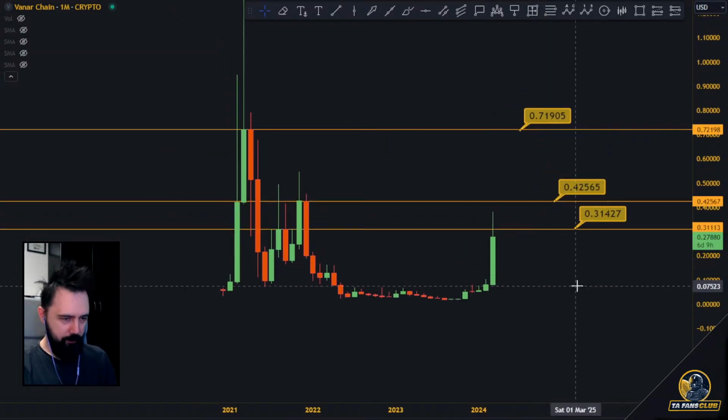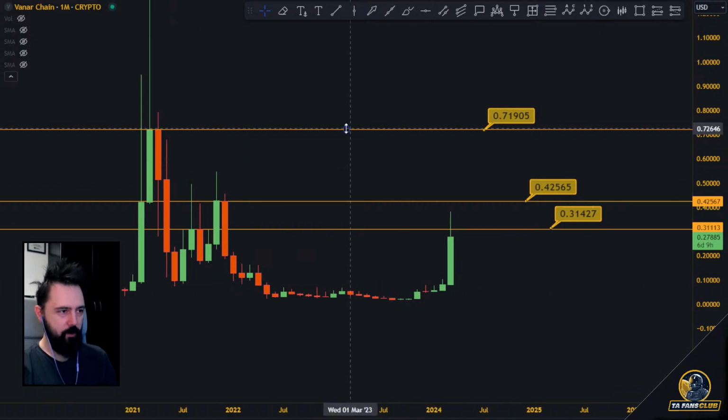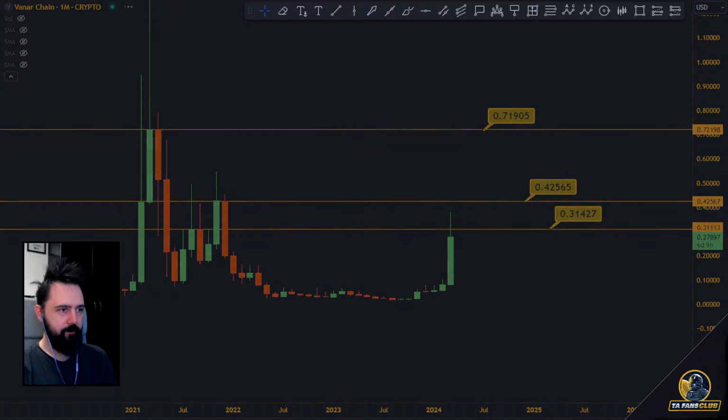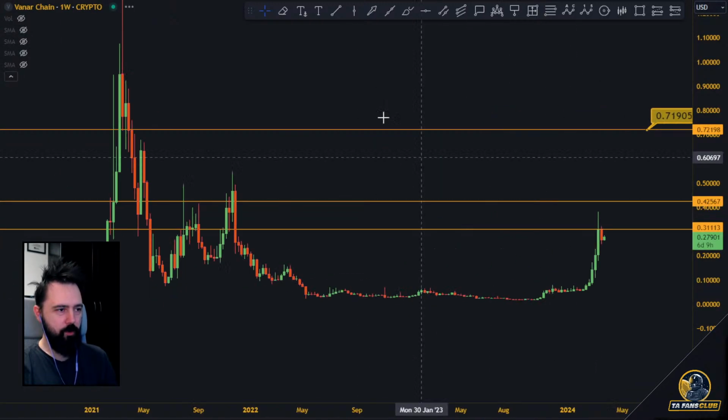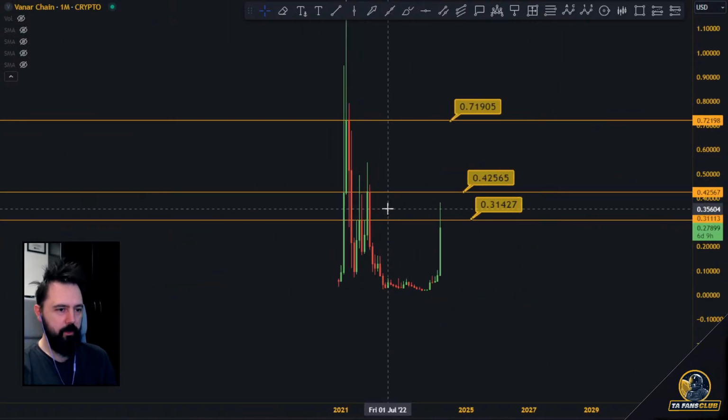So we got a couple of levels up here, towards the upside 31, 42, 71, give or take. Major levels, right? But it's already breaking that. So it is important to know where the major levels are, right? We just want to know that.